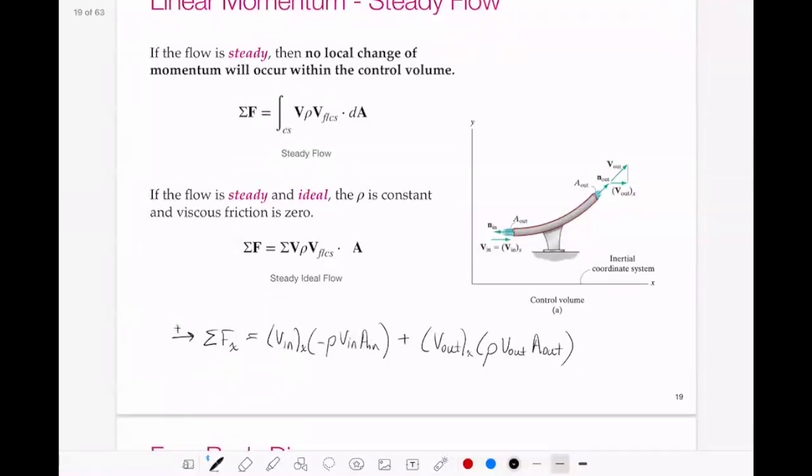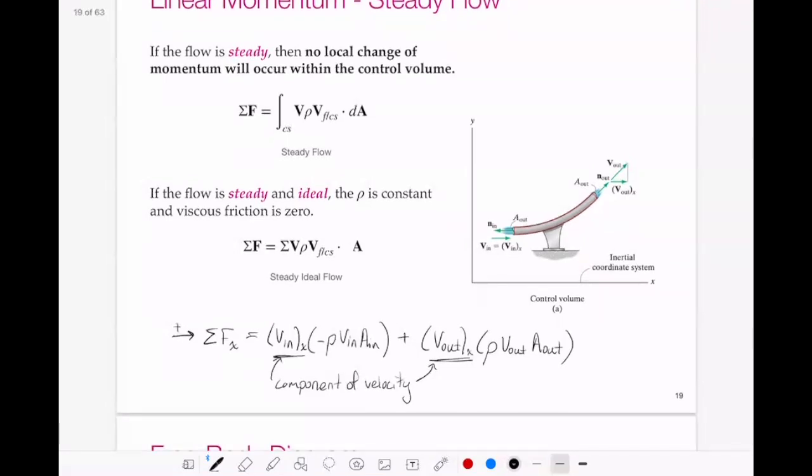So this first term here is the components of the velocity in a given direction. So this would give us the information for the sum of the forces with respect to our fluid flow.